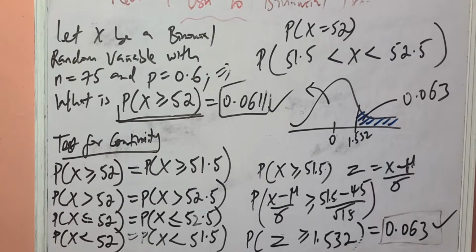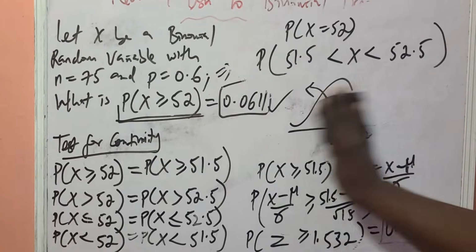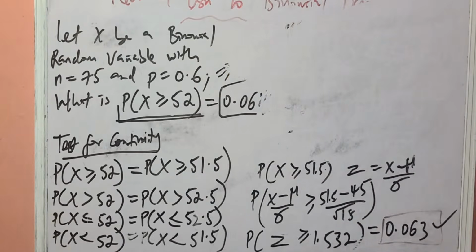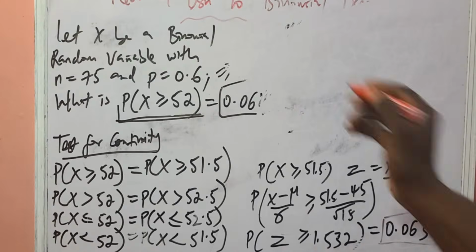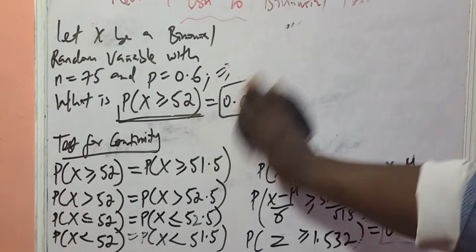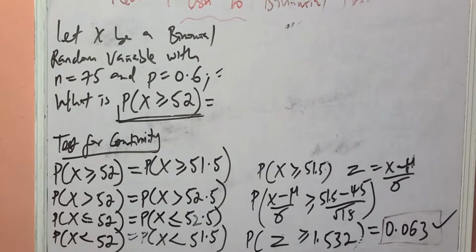Now let me give you a summary of solving this question, the one we have right now, if you decided to solve without testing for continuity, without correction for continuity.